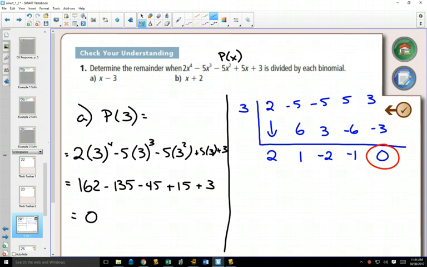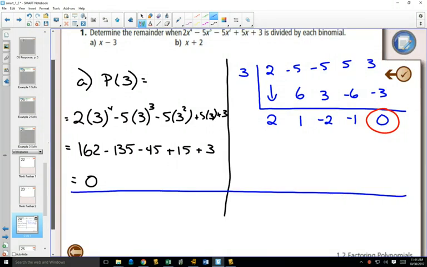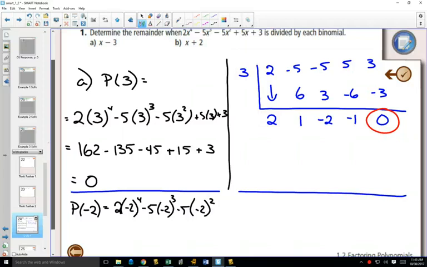Okay, so in part B, again, if I keep things split up here, on the left hand side, if I want to find out P of negative 2, I'd plug that in. So I'd have 2 times negative 2 to the 4 minus 5 times negative 2 cubed minus 5, cheat a little bit, times negative 2 squared plus 5 times negative 2 plus 3.